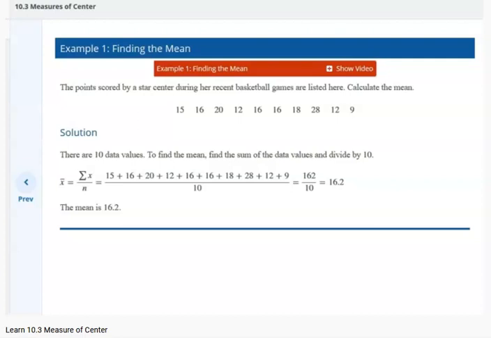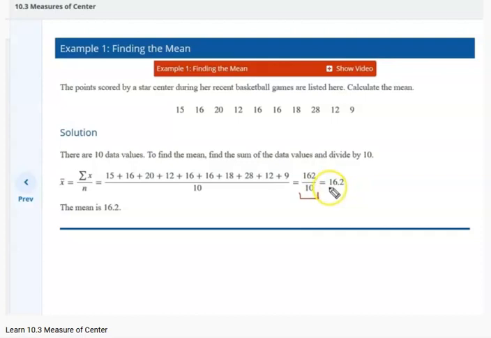Now, for example 1, we're asked to find the mean of these scores. So the protocol would be you write these all down and then count how many you have. 1, 2, 3, 4, 5, 6, 7, 8, 9, 10. You're going to get the sum of these divided by 10. And in your booklets, you're going to show this work.